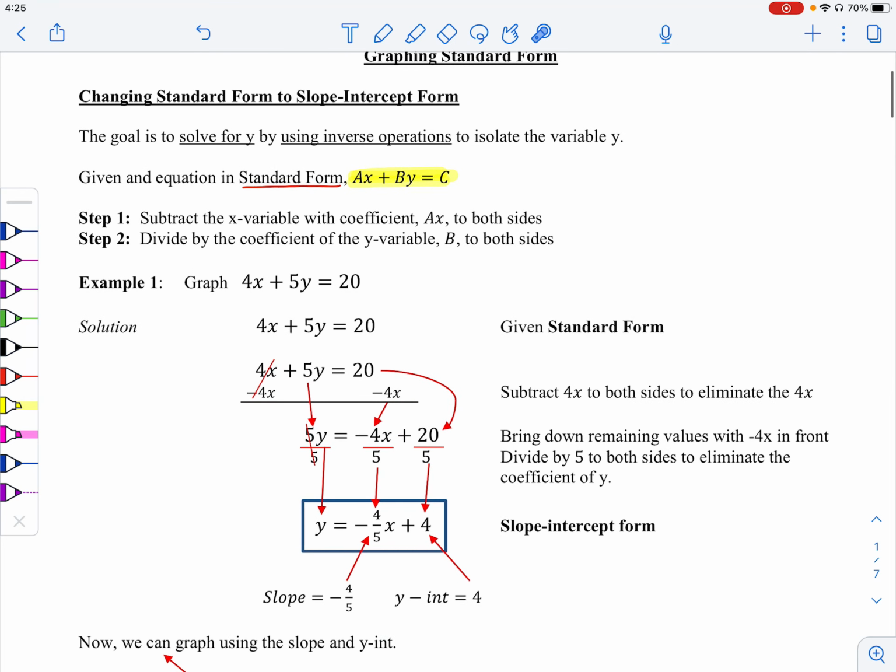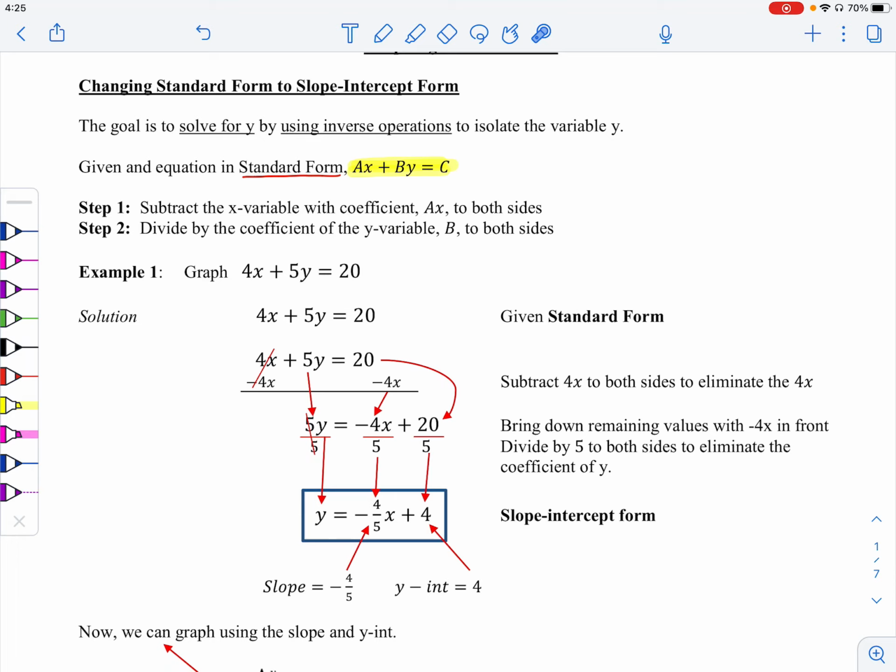So first, in order to graph standard form, one way is that we're going to change it into slope-intercept form. Then we can identify what the slope is and the y-intercept, and we know how to graph that, right? So we want to get it in this form first. The first thing you do is subtract the x variable with the coefficient ax to both sides.